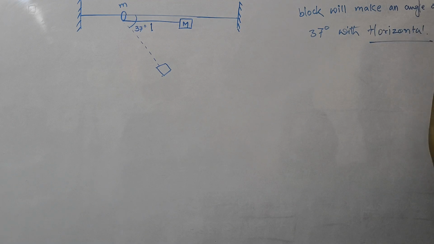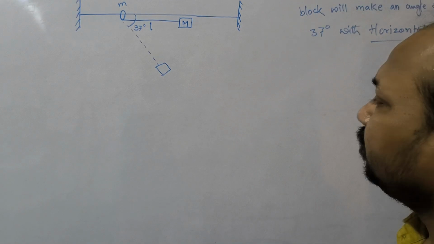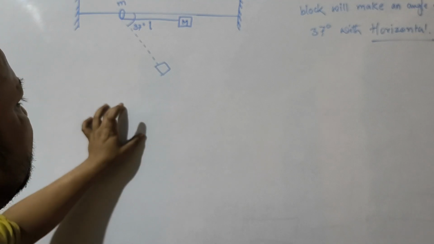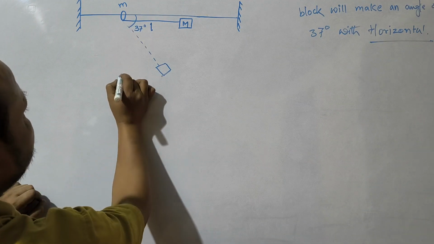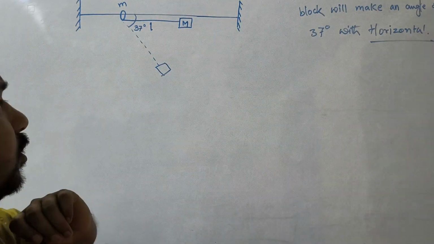Assume all the surfaces are smooth and frictionless. Another part is, when this block will be completely vertical, like in this position, then find the shifting of the bead or ring. So we will discuss that question also.